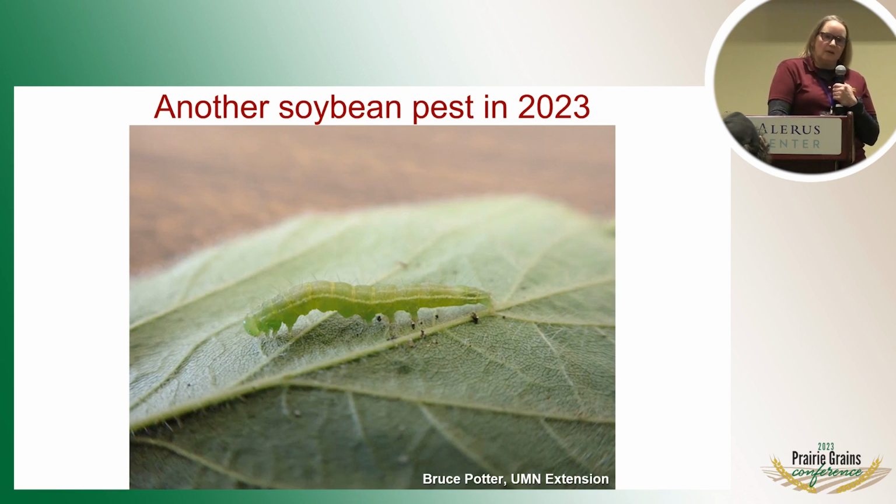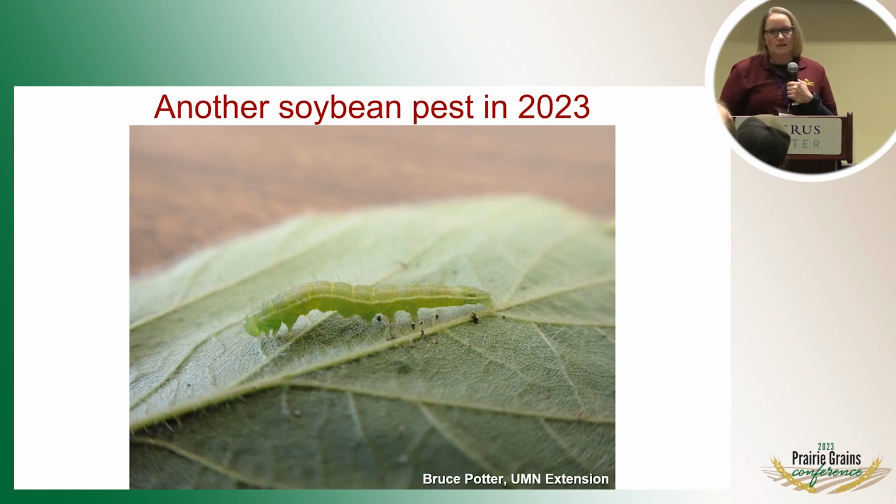What some people have run into, if you also have a soybean aphid population, knowing that we have pyrethroid resistance, sort of limits the pesticides we're able to use. I do have some information in the book about what to consider when it comes to managing multiple pests at the same time.